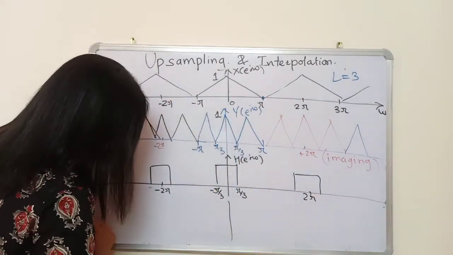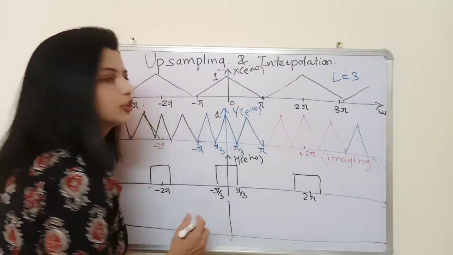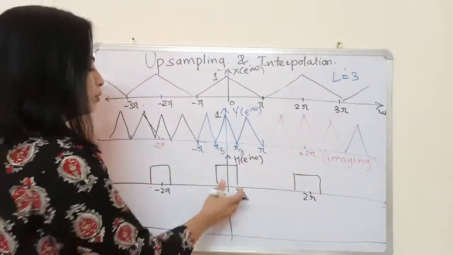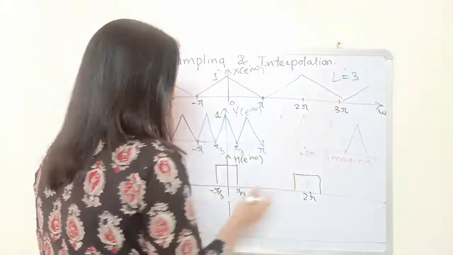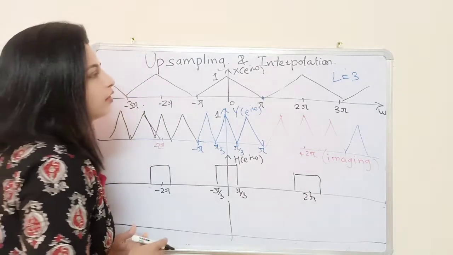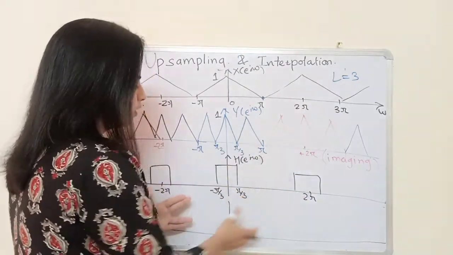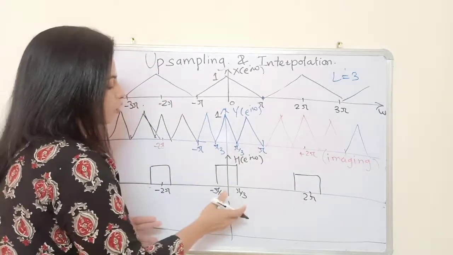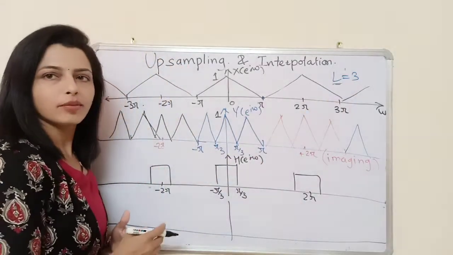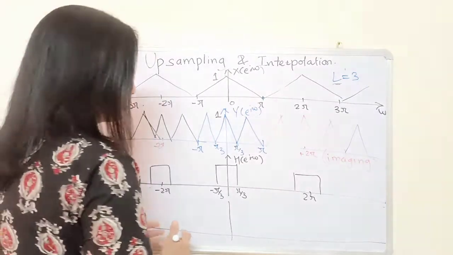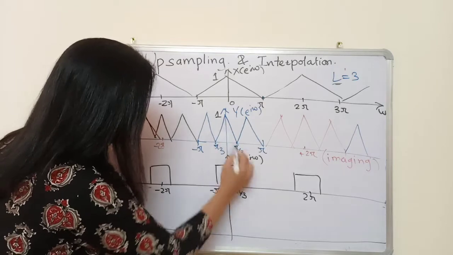So after passing through this low pass filter H of e raised to j omega with cutoff frequency pi by 3, since L is equal to 3, we are taking pi by 3. If L is some different number, we can take that number. So the cutoff frequency is always related to this factor L. So it is pi by L. After passing through this low pass filter, what will we get?